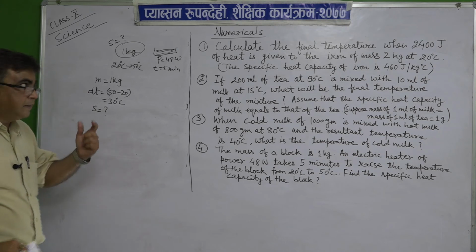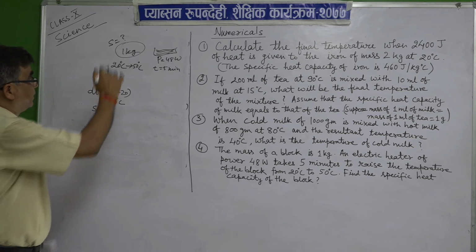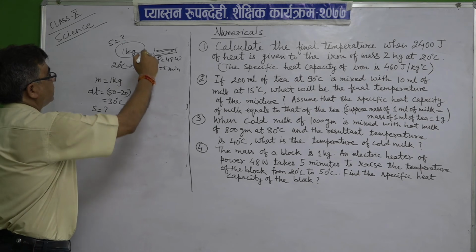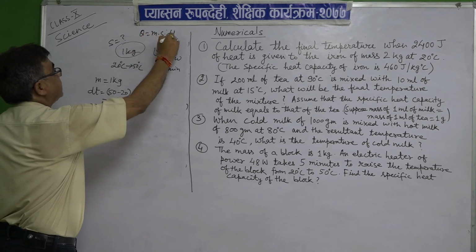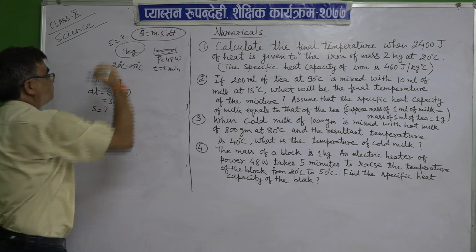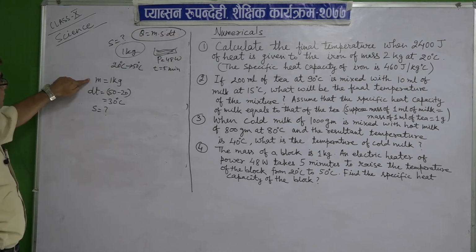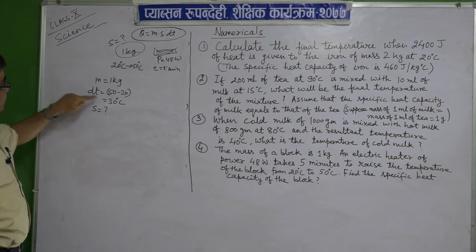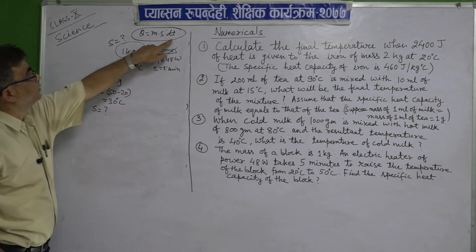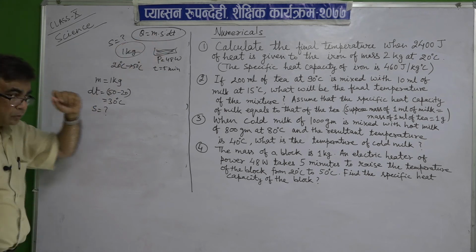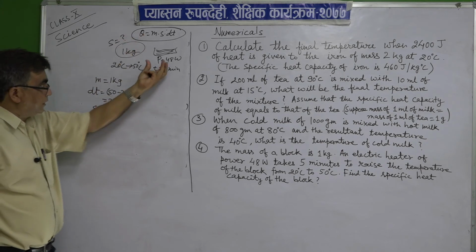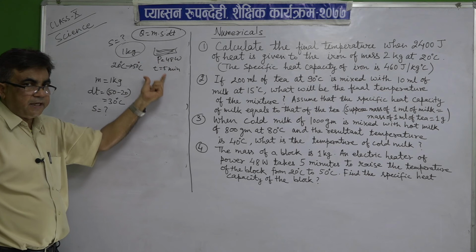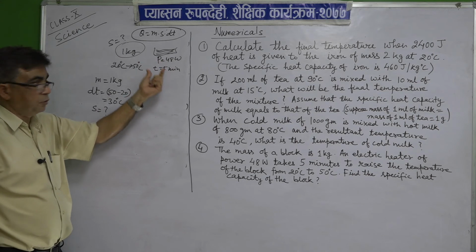So, the heat equation is Q equals m into S into dt. Now, look here, m is given, dt we have come to know, you have been asked S, what more you need? Q you need. So, from here we can find out what will be the Q.